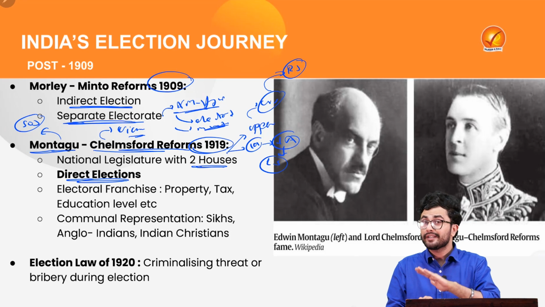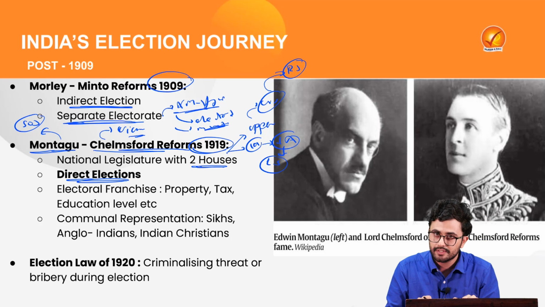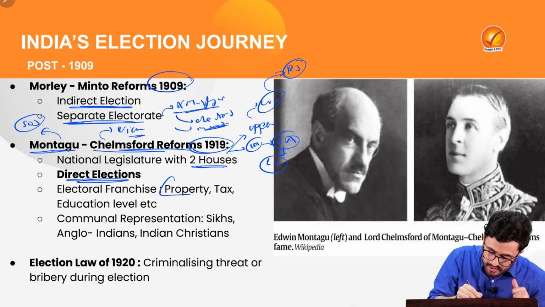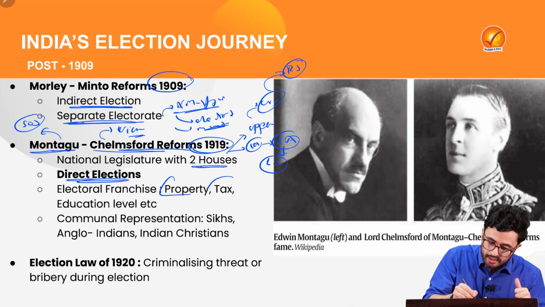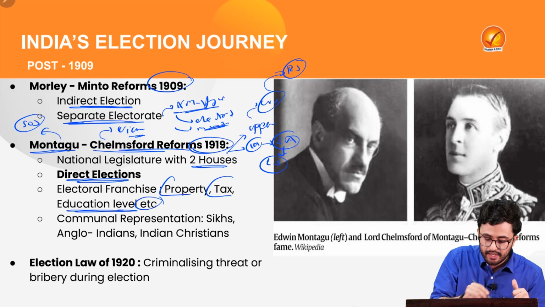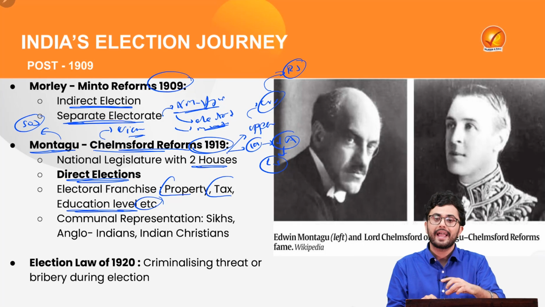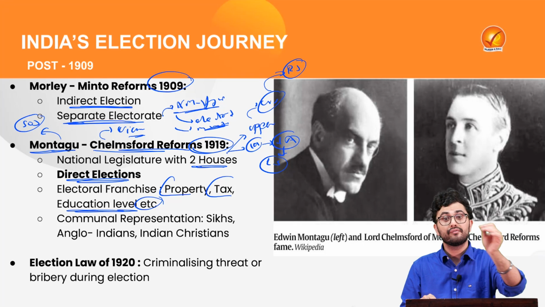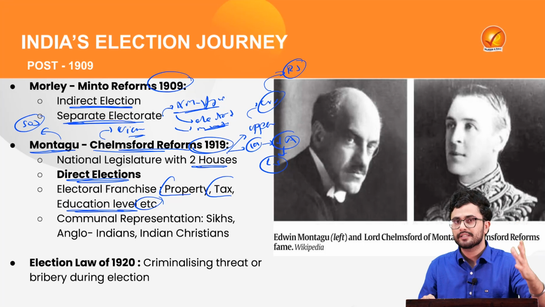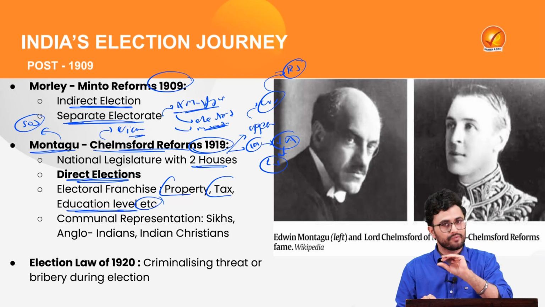However, keep this in mind that it did not mean that the whole of India was going to vote for their representatives. Rather, there was a limited electoral franchise which was based upon property qualification, the amount of taxes being paid by the individual, or the education level, etc. At the same time, whether a woman can contest election or can vote in the election was given to the state legislative assemblies to decide, and they eventually provided for that provision.